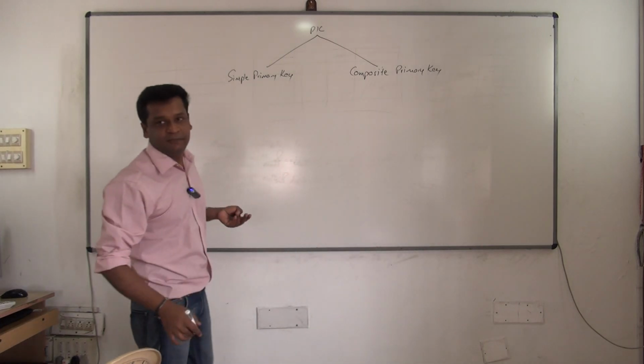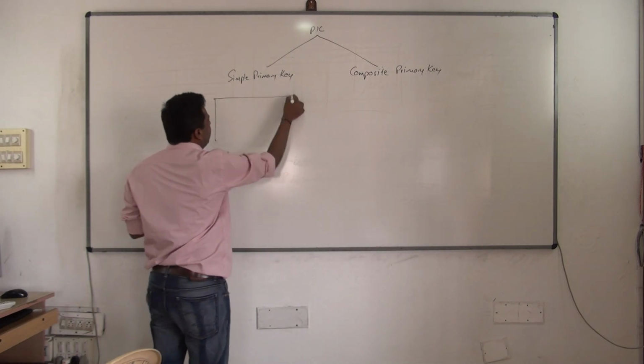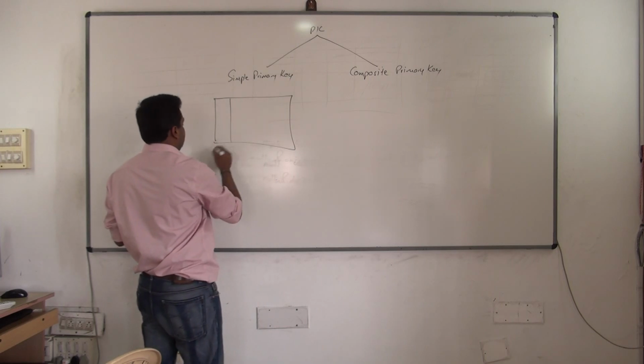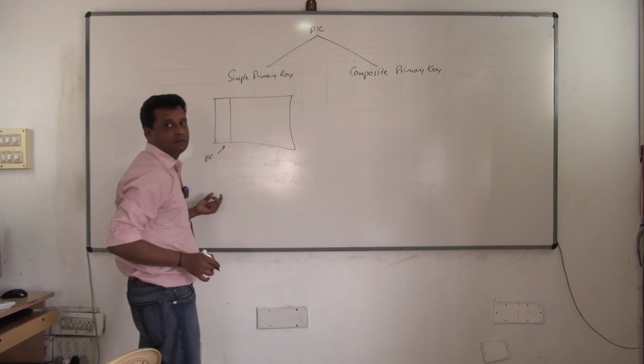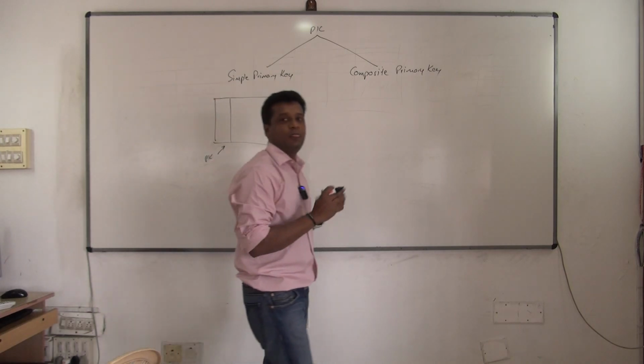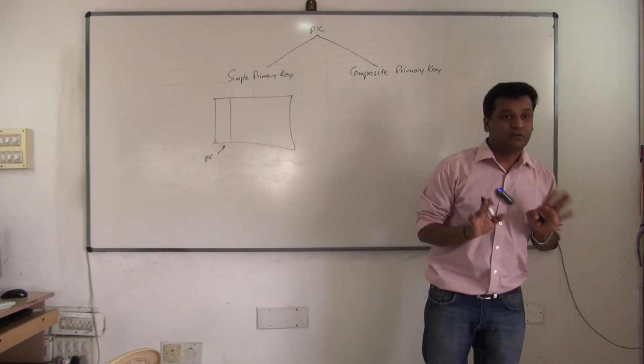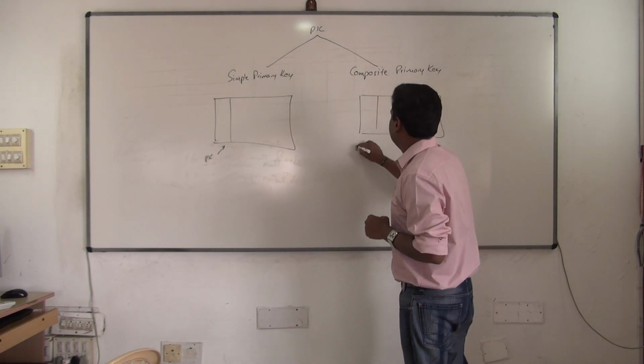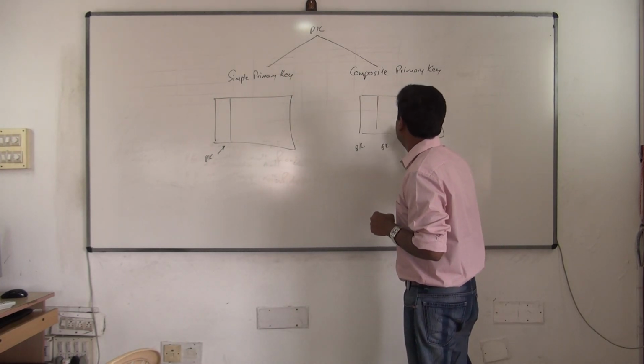Simple we have already studied. In simple primary key you will have only one column as a primary key, only one. And the same column will be used as a foreign key in some other table.